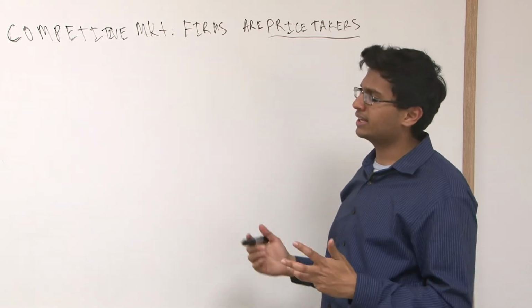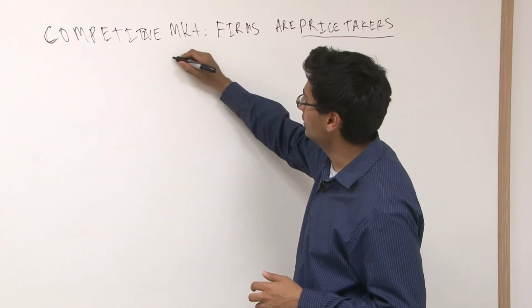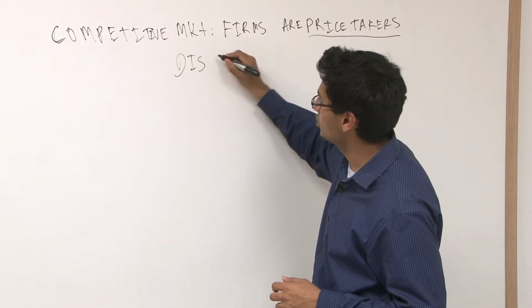So the 3 things that are important in a competitive market are what we call the disciplinaries, the rationale, and the signals. These are terms that I have seen being used.